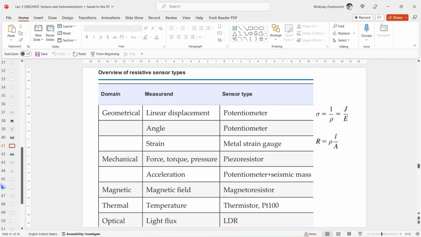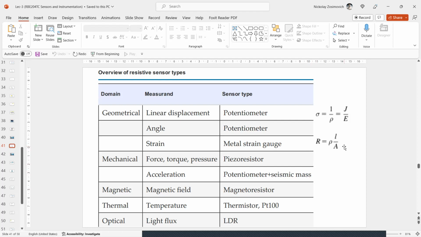The resistance between the endpoints of a part with length L and constant cross-section is given by this classical equation: R equals rho times L over A. The parameter L is used to create distance sensors and angular displacement sensors. These sensors are called potentiometric sensors.